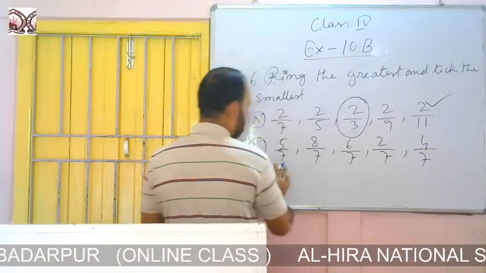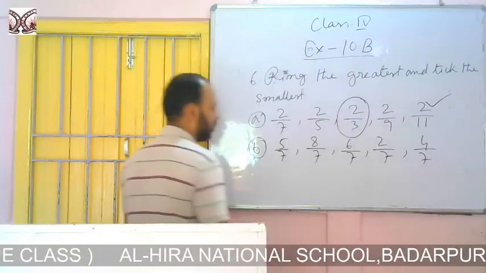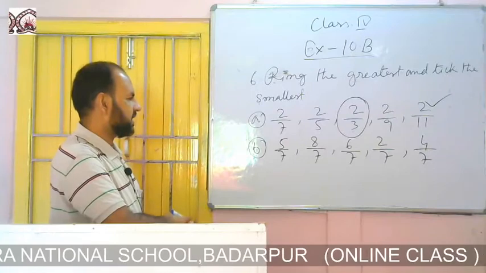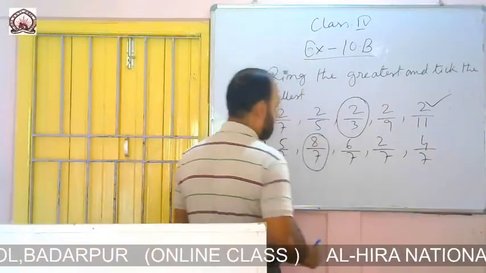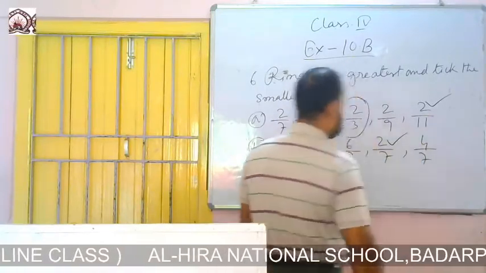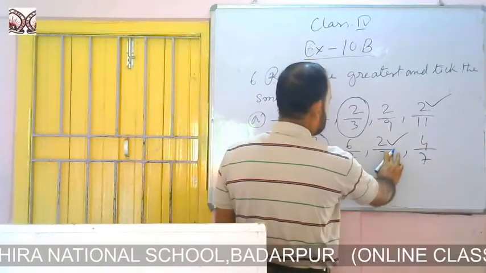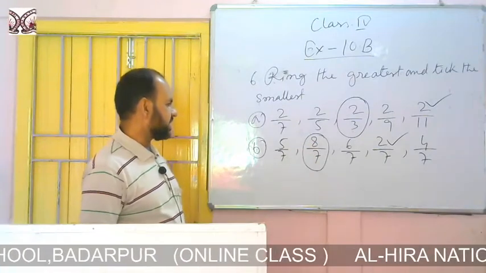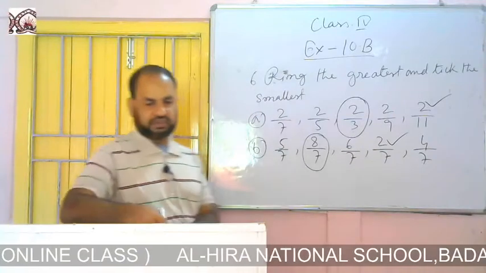If denominators are the same, the one with the greatest numerator is the greatest. So here 8 is the greatest, and 2 is the smallest. So 8 by 7 is the greatest fraction and 2 by 7 is the smallest fraction.